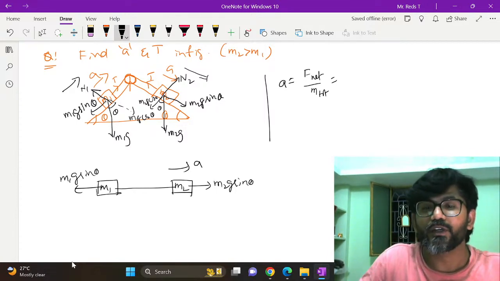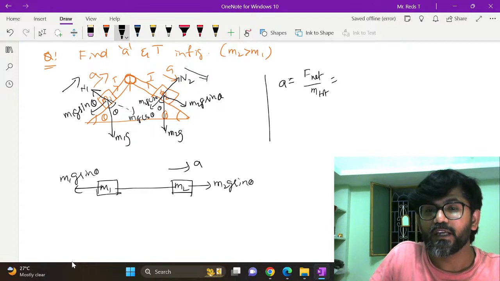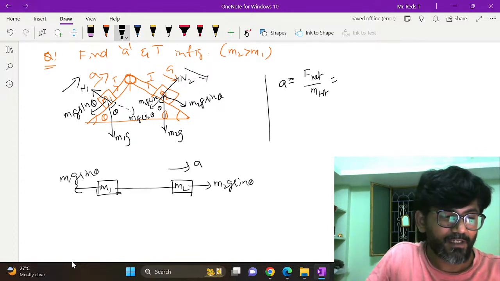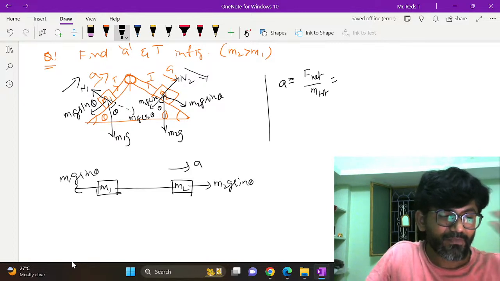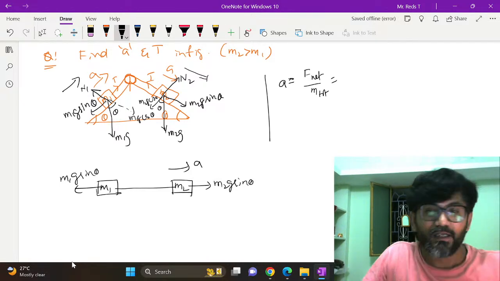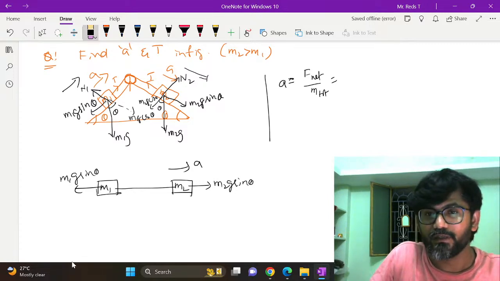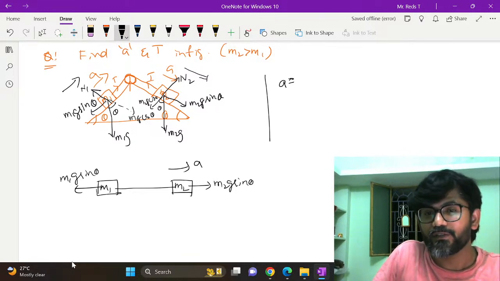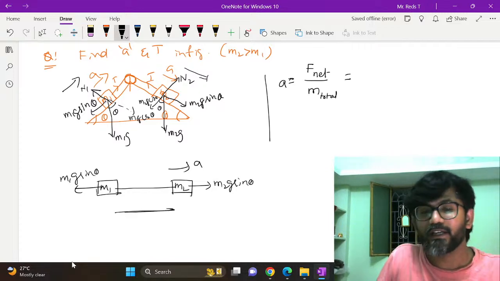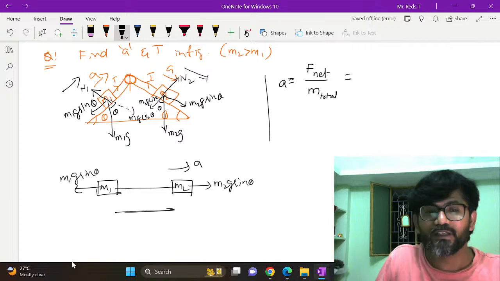By using this shortcut formula, the acceleration A of this system is equal to net force by total mass. Understand this properly, guys. Let me write it a little properly. A is equal to net force by total mass. The upward direction force will be the dominating one, and the other force M1G sin theta is acting to the left.